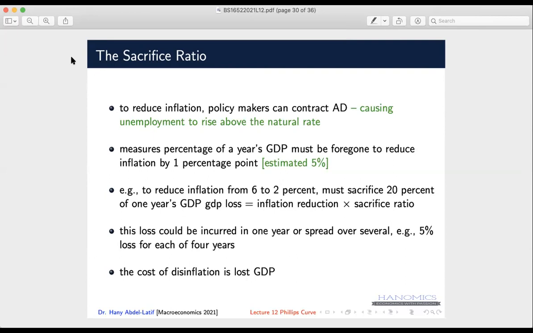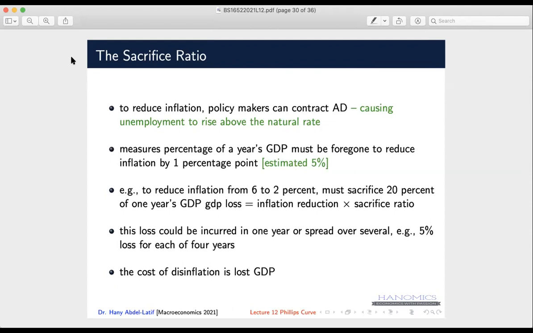So one thing I covered also in the videos is something called the sacrifice ratio. We know that if we want to reduce inflation, then you need to restrain or reduce aggregate demand, and that will cause unemployment to rise above its natural rate. So the sacrifice ratio measures the percentage of a year's GDP that must be forgone to reduce inflation by 1 percentage point.